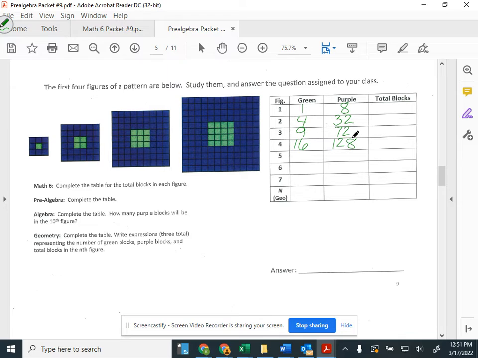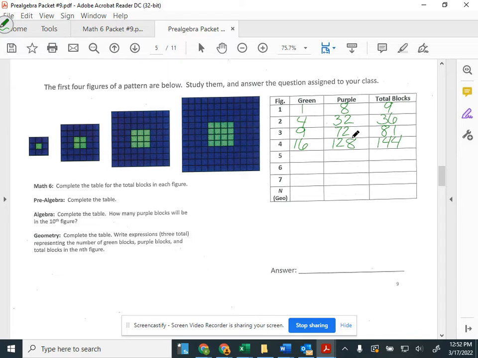Now let's look at our total. How many total in the first, 9. Second, 36. Third, and fourth? Those ones are perfect squares straight up. So you can follow the pattern to complete the table.